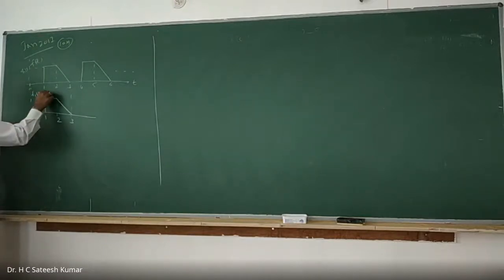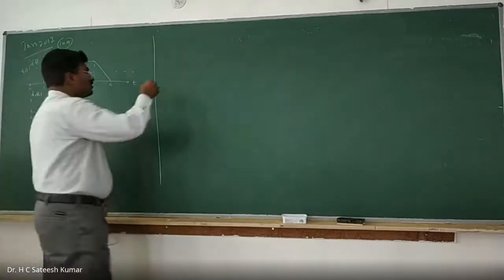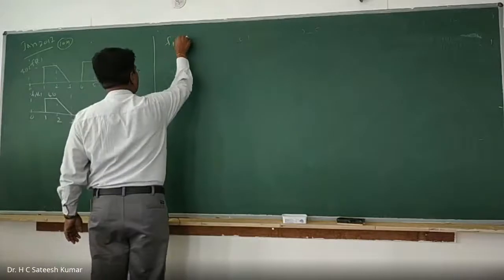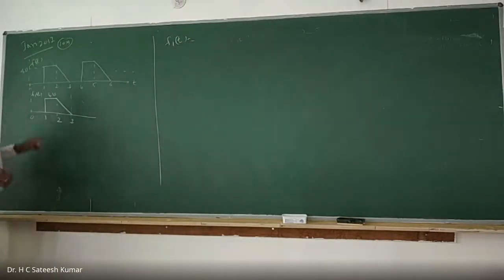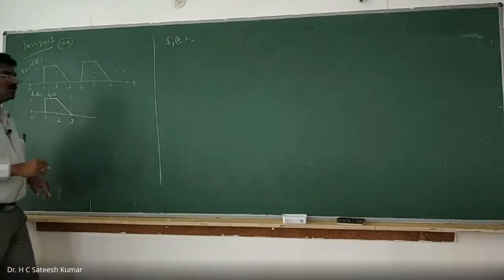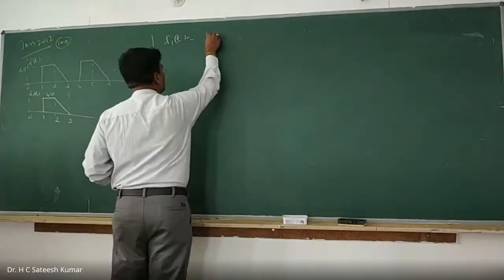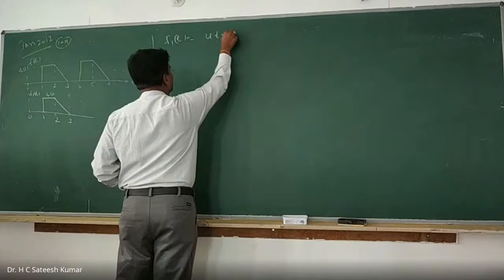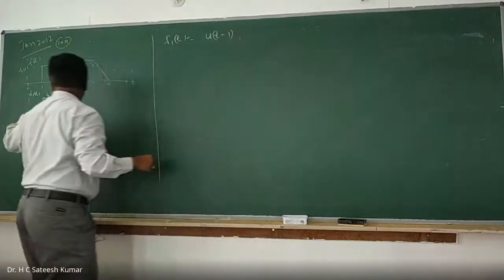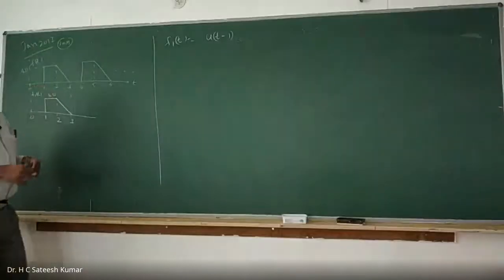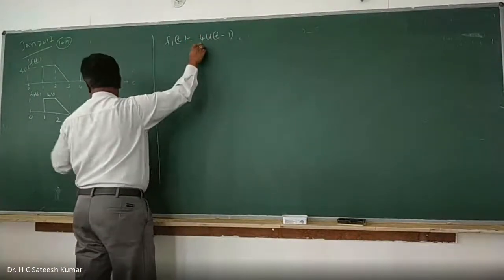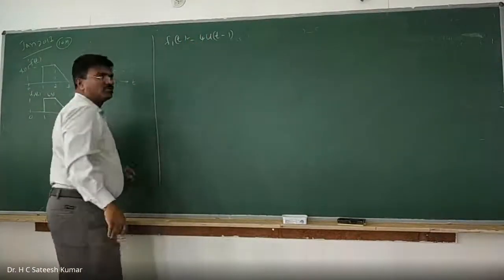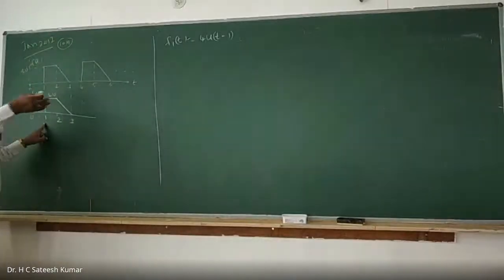Zero, amplitude 4 volts. f1 of t is equal to one step up, starting from 1, so u of t minus 1. Up by how much? What is the step size? 4. So multiply by 4: 4 into u of t minus 1.